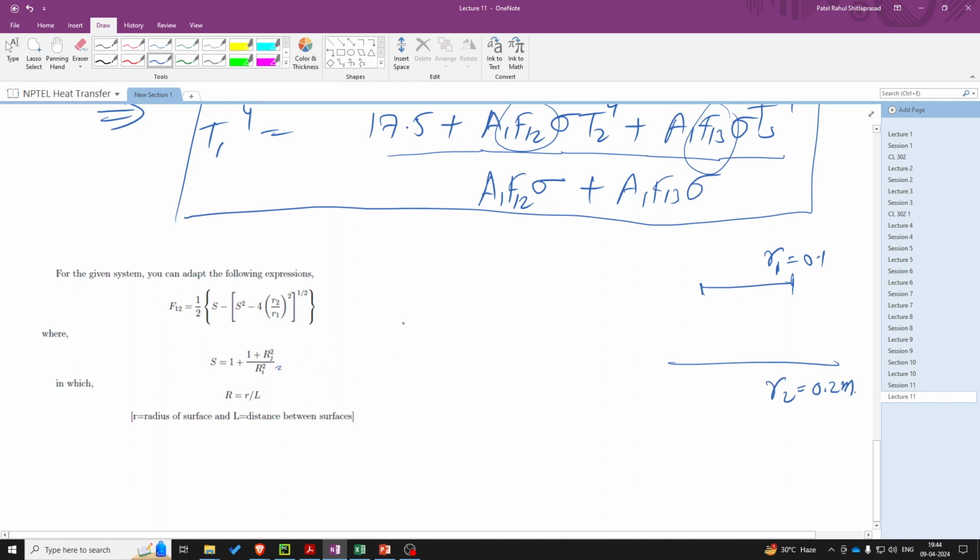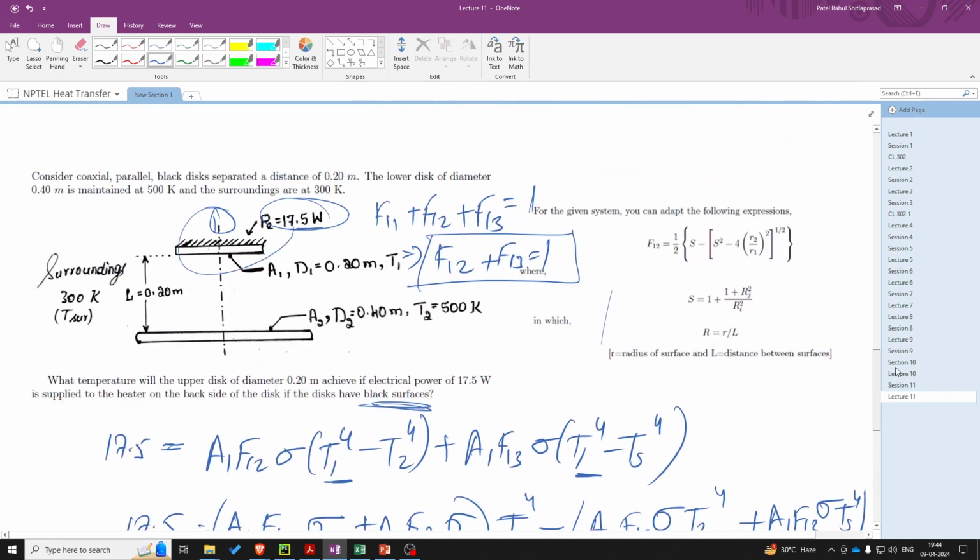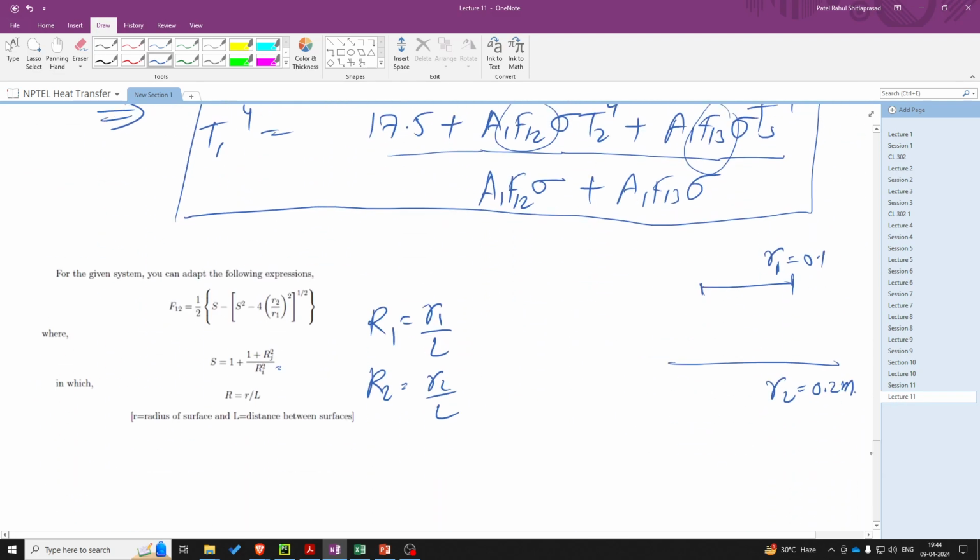So basically from here we can write R1 is equal to R1 upon L, R2 is equal to R2 upon L. The distance between both of them is 0.2 meter, whereby L is equal to 0.2 meter. So R1 will become 0.1 upon 0.2, which is equal to half, that is 0.5. R2 will become 0.2 upon 0.2, that is equal to 1.